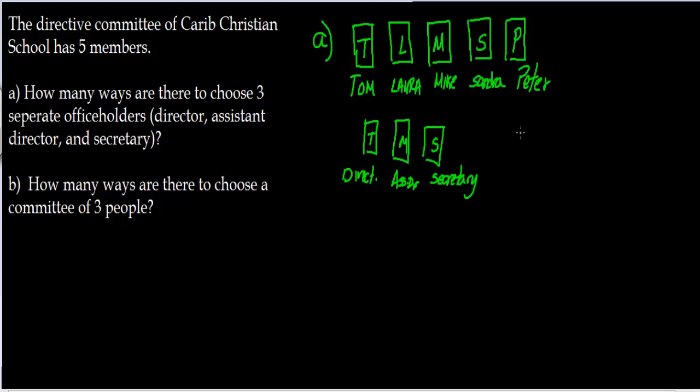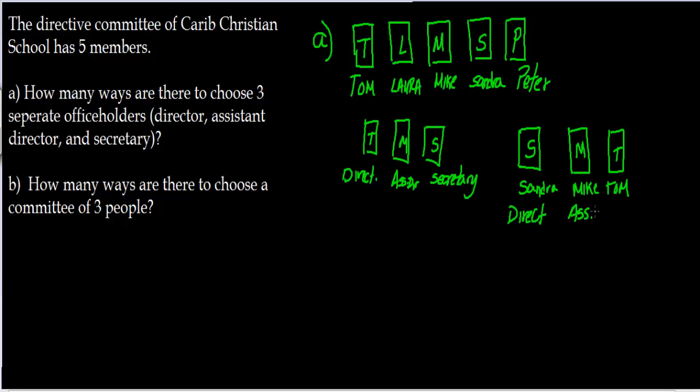Let's say now I choose Sandra first, and second I chose Mike, and third I chose Tom. Now that first person I chose this time is going to be the director. This is the assistant director, and this one's the secretary.